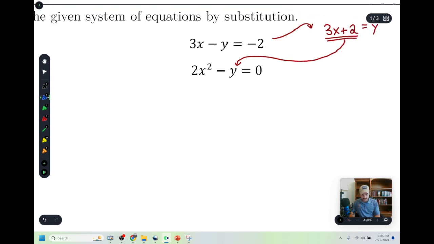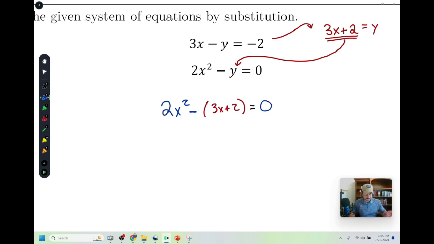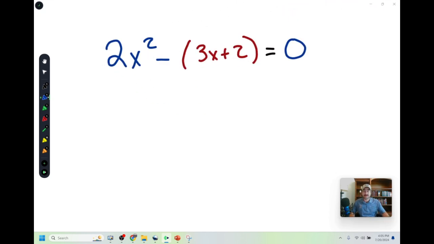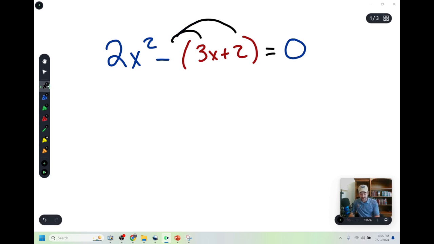And I'm going to get 2x squared minus, substituting, 3x plus 2 equals 0. And then we solve it just like we would have solved this any time before. Remember when we solved quadratic equations, it's going to look just like that. So the first thing I'm going to do is get it into a good form with distribution.